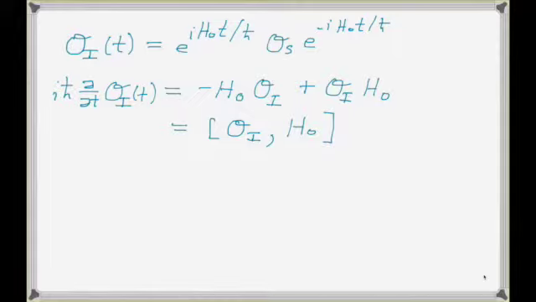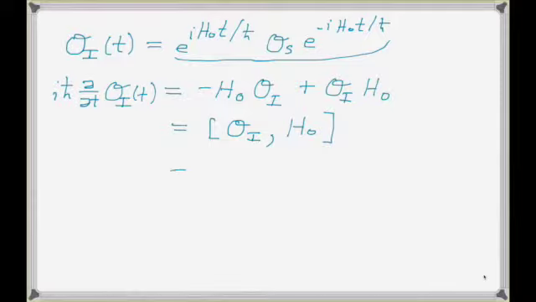And again, this is a transformation for any operator. H0 is unaffected because this commutes with H0. So H0 in the interaction representation, in the Schrodinger, it doesn't change. So you can view H0 in the interaction representation as unaffected by this transformation.